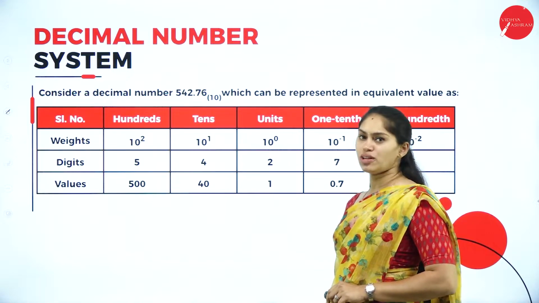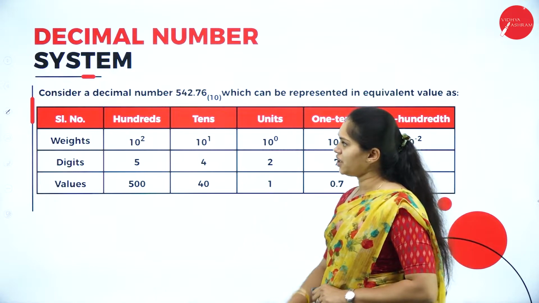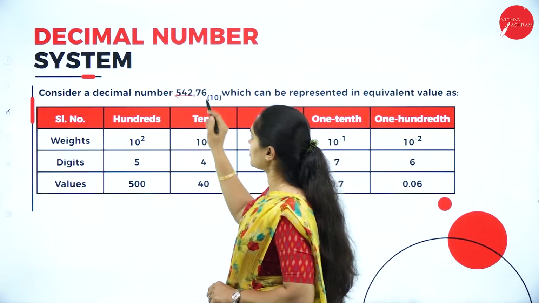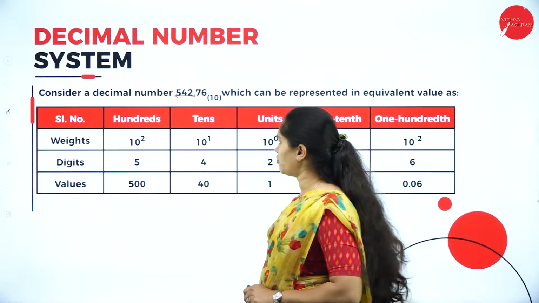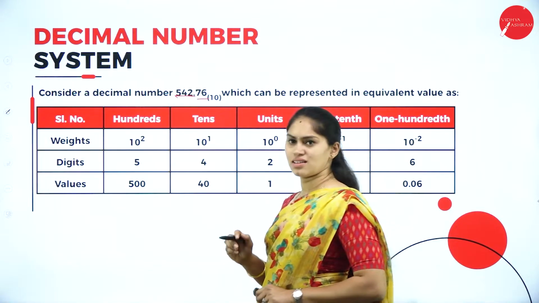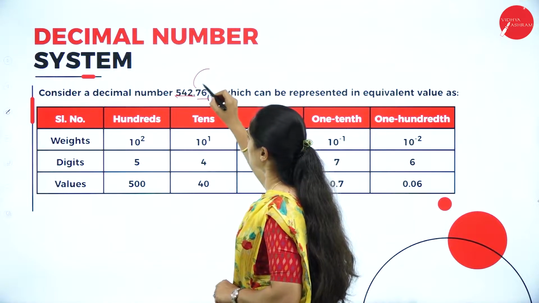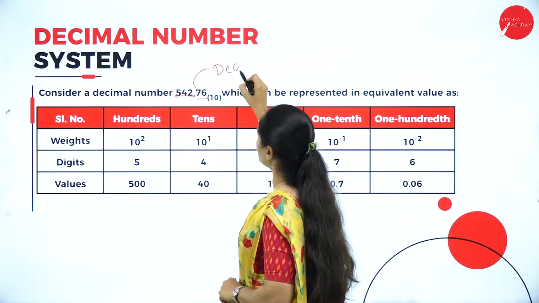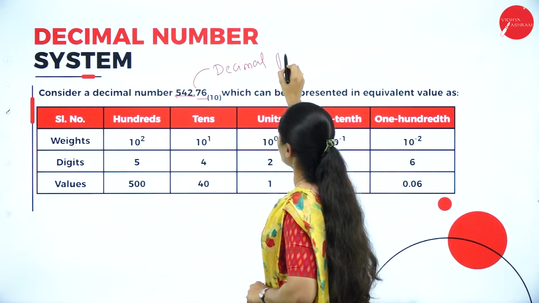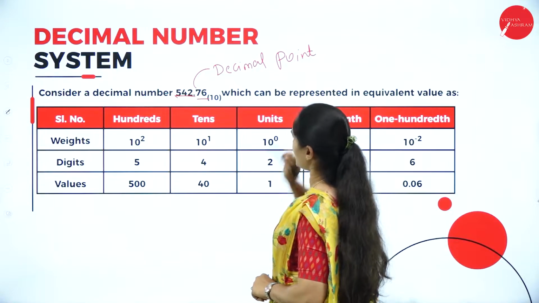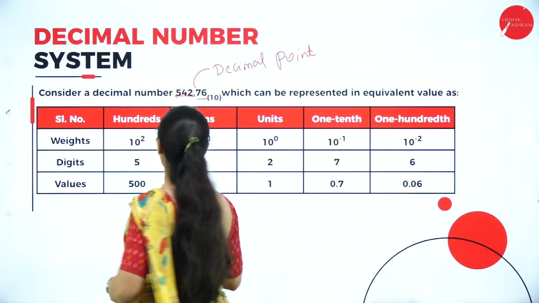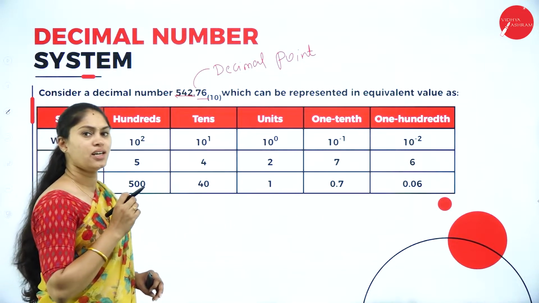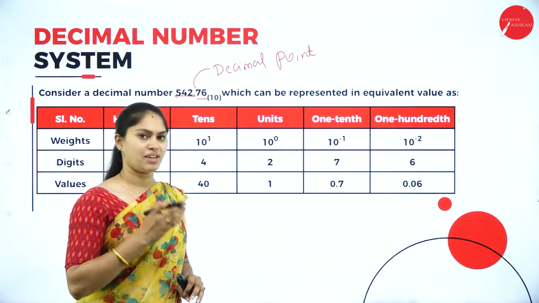Then how are we going to represent this decimal number? Here you can see the example. So here I have 542.76. This is what? The decimal point. So that dot is the decimal point. Very, very important how we are going to represent it. Okay. First, let me write, as I told earlier, this positional number system, in that we have decimal.